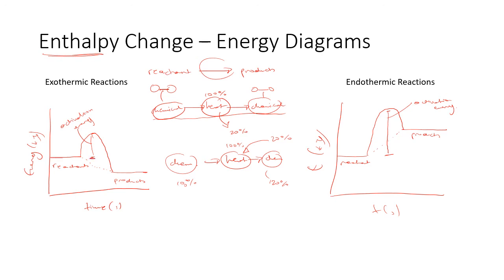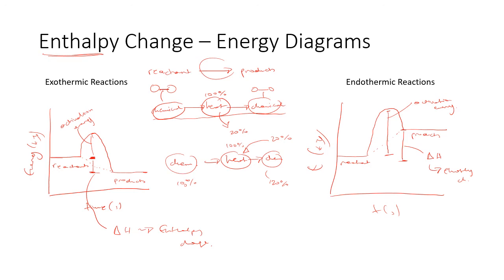So this, starting from the energy level of the reactants to the products, is the delta H, or the enthalpy change. For the endothermic reaction, it's the same thing. However, in this case, of course, products will be higher than the reactants. This is the delta H, or the enthalpy change.